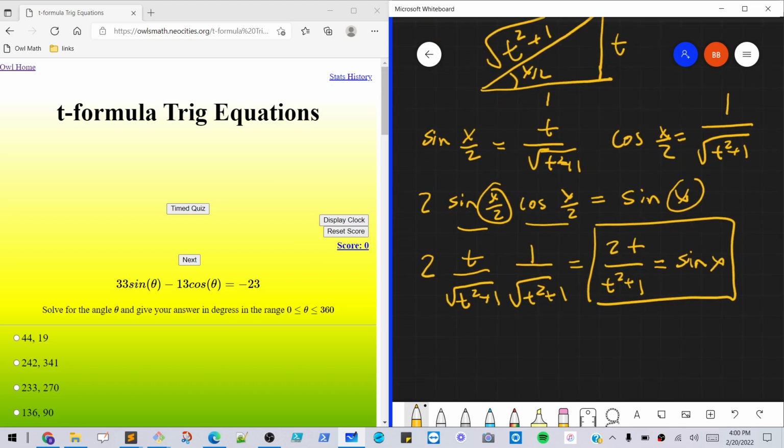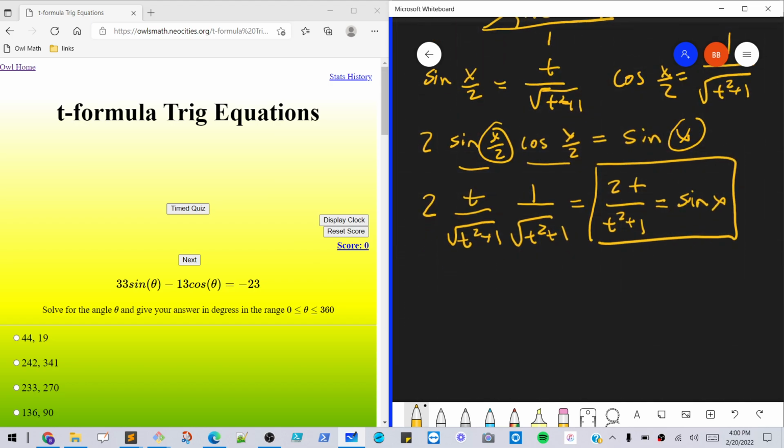And similarly, we'll do the same thing using the double angle for cosine. So we're going to have cosine of x equal to cosine x over 2 squared minus sine x over 2 squared. Again, we just use our values.